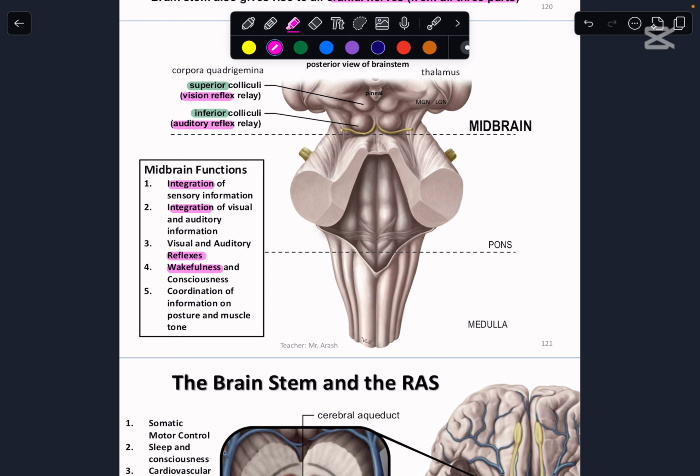So integration of information, audio-visual reflexes, and finally wakefulness and coordination of posture. Those are the main functions of the midbrain.